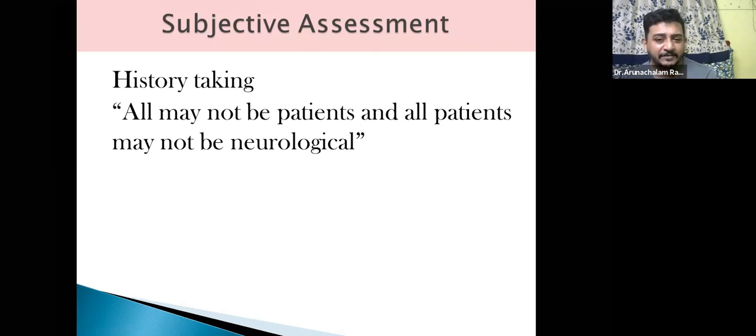They think that they are having some pain, but there may not be any pain at all biologically. And moreover, don't think all patients are neurological. There may be some musculoskeletal problem also in that patient. This is a disclaimer. This was said by John Patton, whose book is a very significant contribution in the differential diagnosis of neurological conditions.